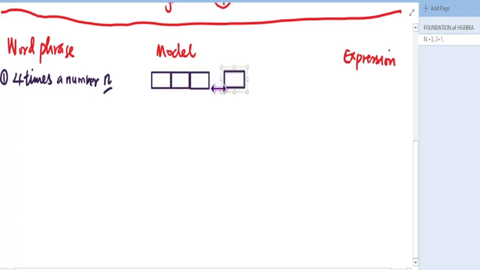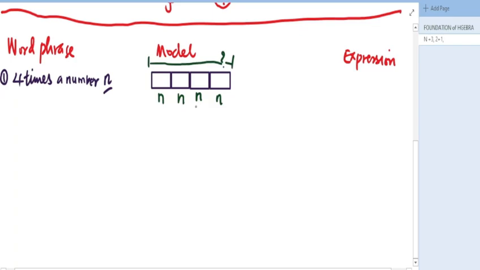So this is going to be n, n, and n. We have n, n, n, and n. So this will form the full stretch of the number that we are looking for.